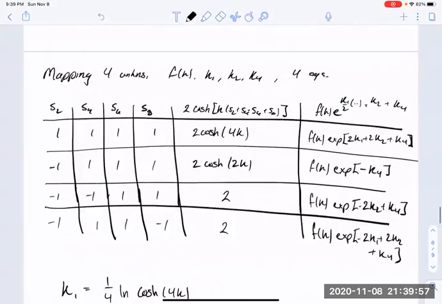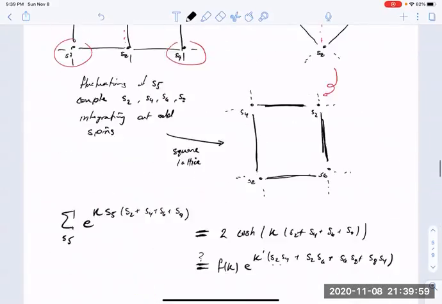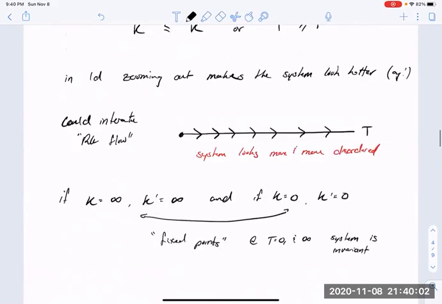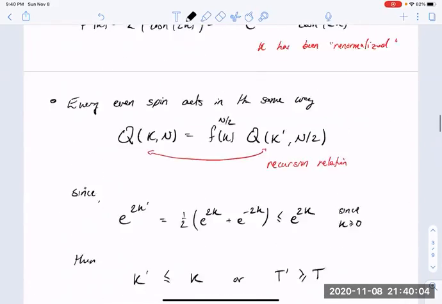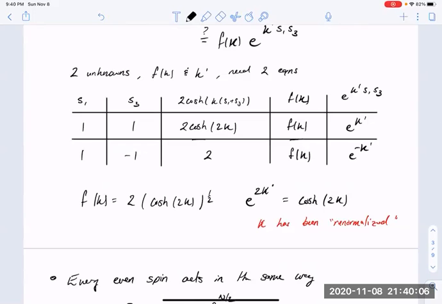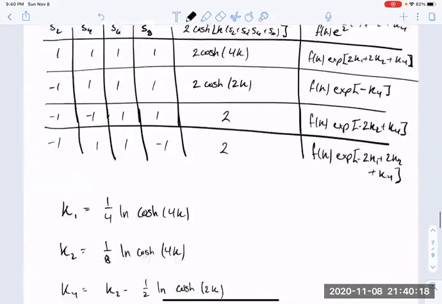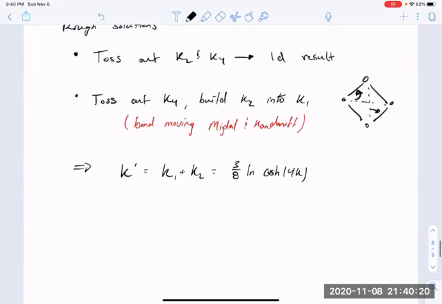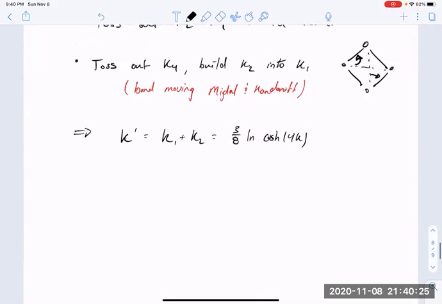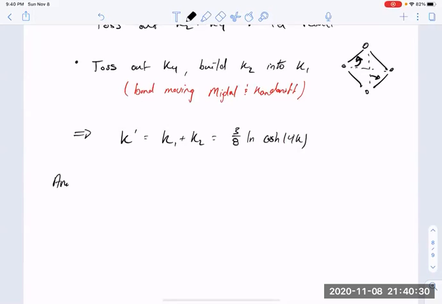In 1D, if you go back up, we had that K prime was equal to 1/2 log hyperbolic cosine of 2K. Here we get 3/8 log hyperbolic cosine of 4K. Pretty subtle difference. Do we get anything interesting?